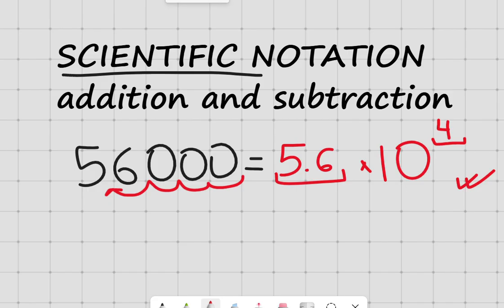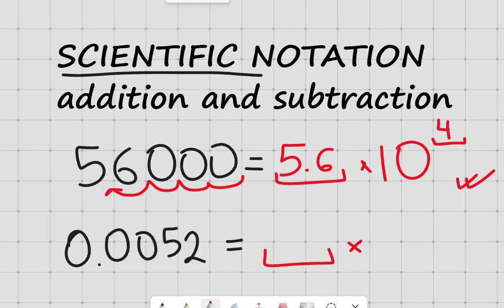Excellent. Let's have one more example. If we have, let's say, 0.0052, we need, again, a number between 1 and 10 multiplied by 10 to the power of something. We learned that if a number starts with 0, we move the point this time to the right side. How many times? 1, 2, 3 times.